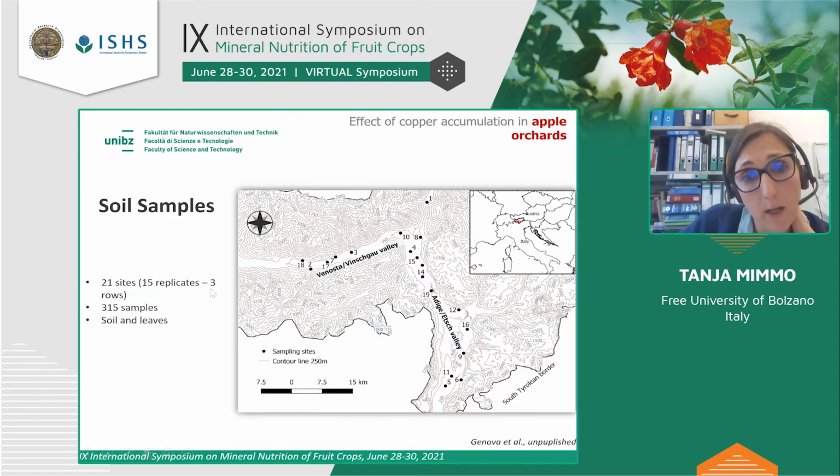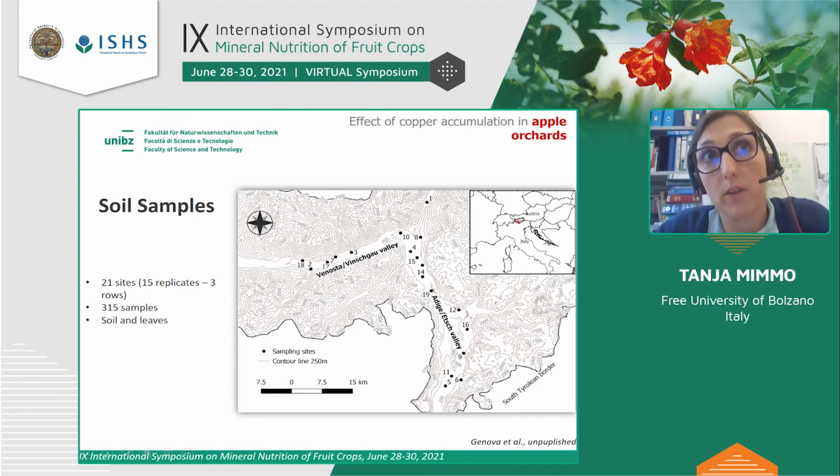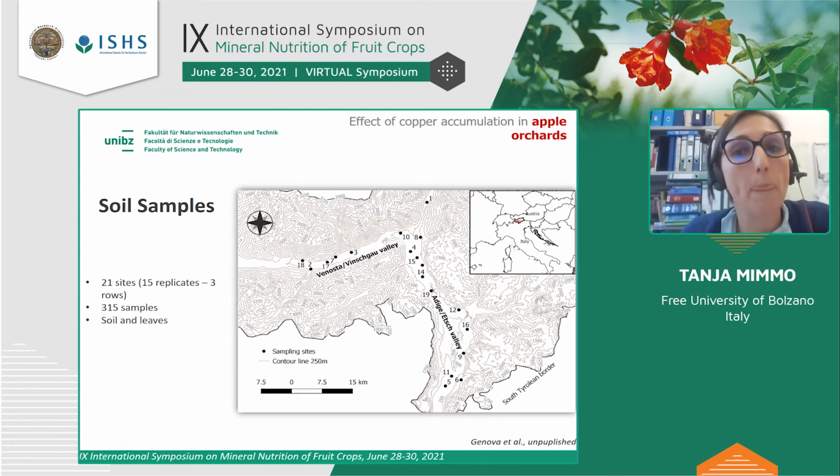So the last example I would like to show you is this quite large study we started last year. It concerns apple orchards, again copper accumulation. So we decided to sample different sites of apple orchards in our region in South Tyrol, where we have a very intensive apple production.